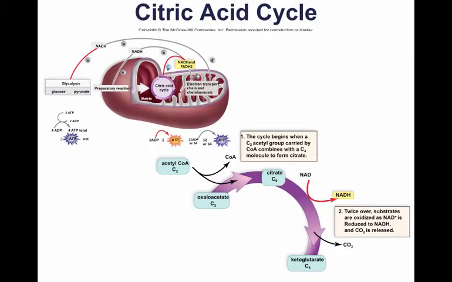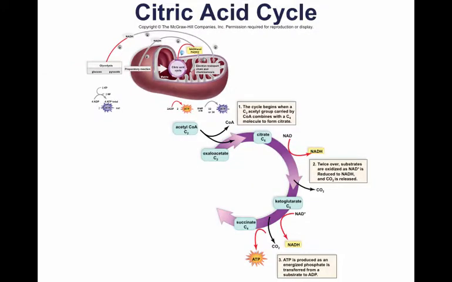The citrate then gets rearranged and reduces NAD to NADH, and carbon dioxide is released. We now have a 5-carbon molecule called ketoglutarate.